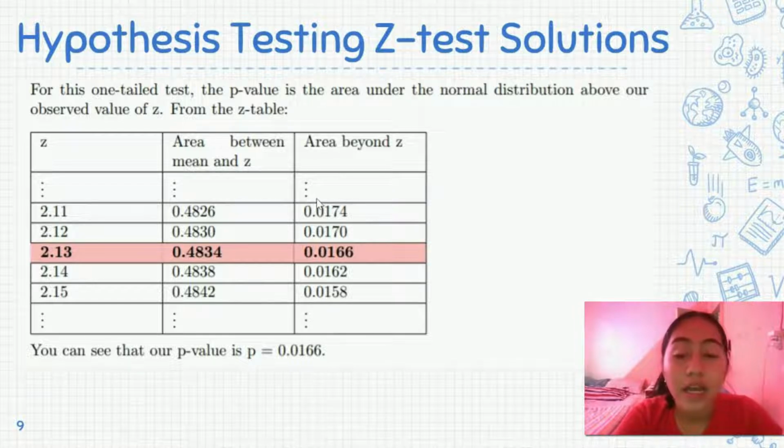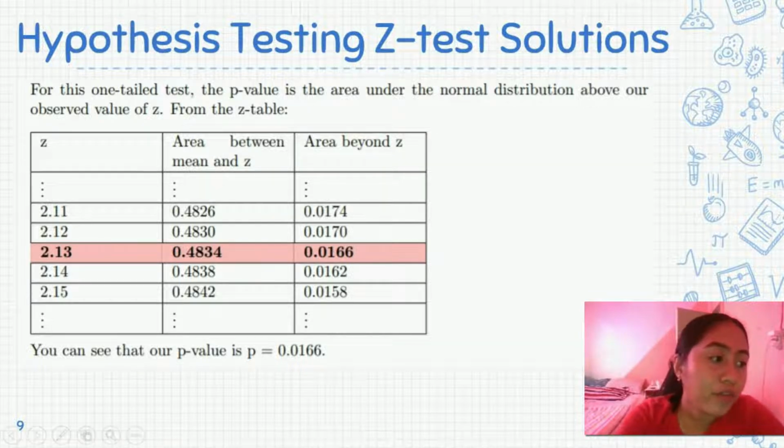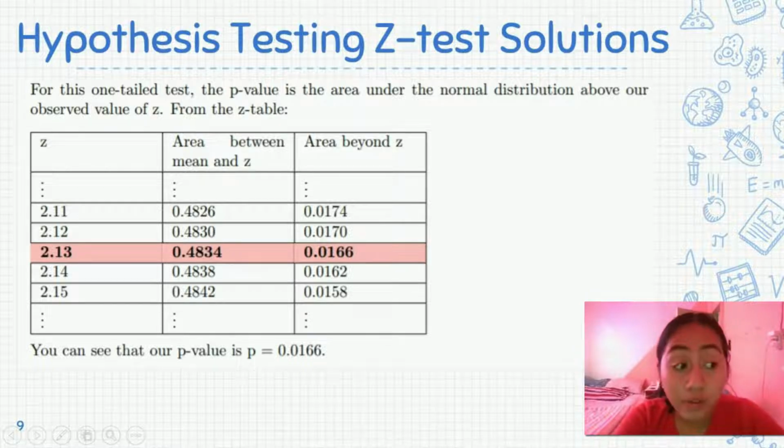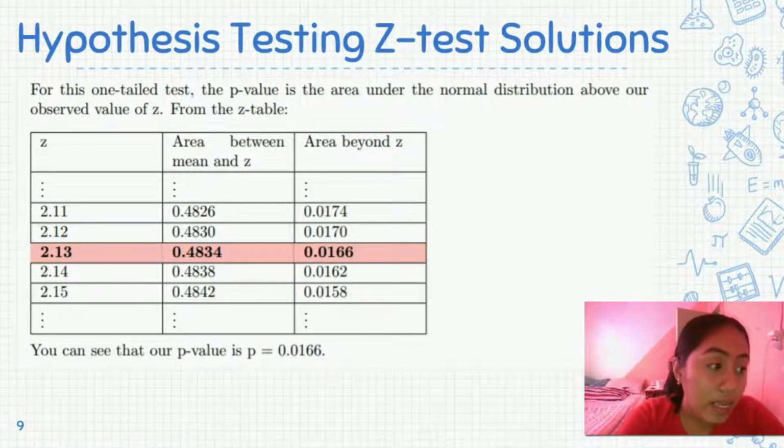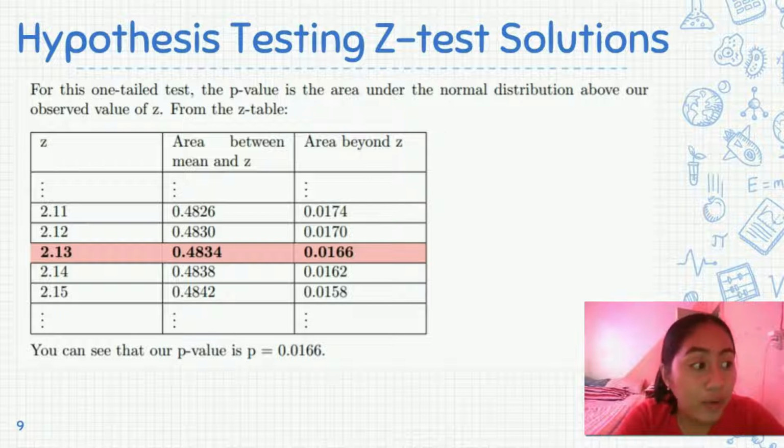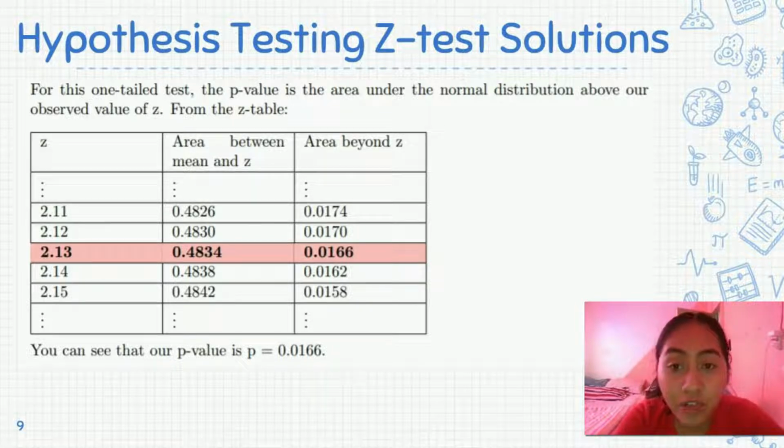Equivalently, we can calculate the p-value for our observed mean and compare it to our alpha. For this one-tailed test, the p-value is the area under the normal distribution above our observed value of z.